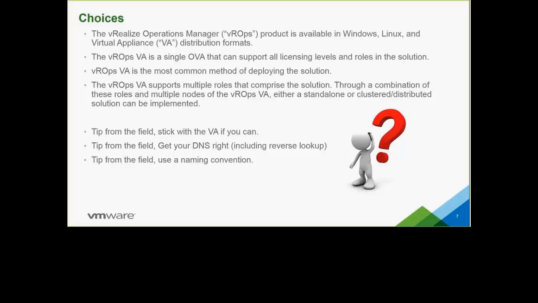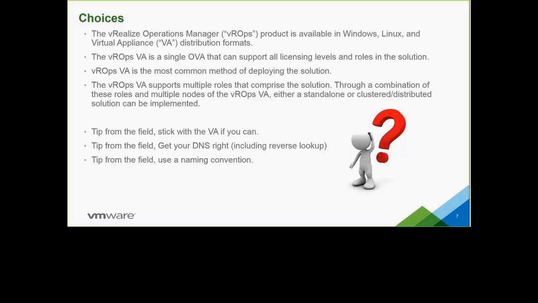The reason it's worth sticking with is because the operating system and everything in there has been tailored purely for that job and that job only. So you know that when you deploy it, that's what it does. It's been optimized for that. So you can more or less rule out any nonsense that you may get from any third-party operating system, whether it's Linux or Windows. That is the first thing I would recommend.